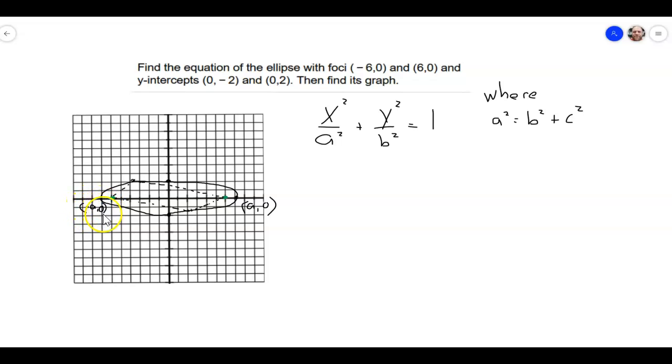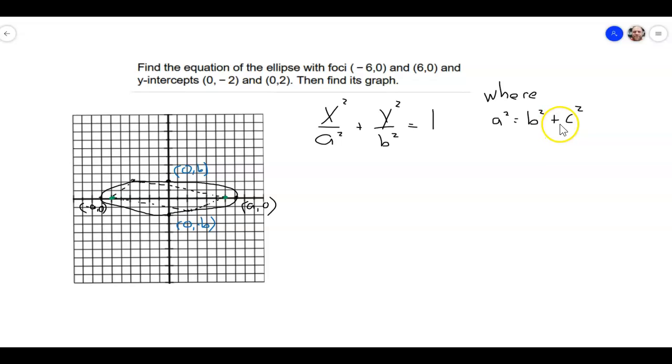I hope you can see that. All right, b is always going to be the intersect point on the minor axis. That's the axis that's not being stretched. So this point over here will be (0, b), and this point down here will be (0, -b).